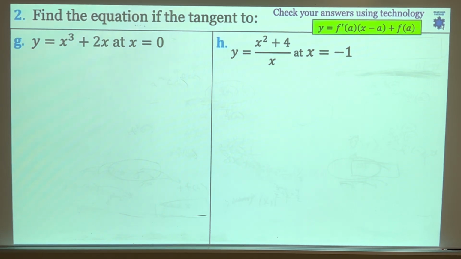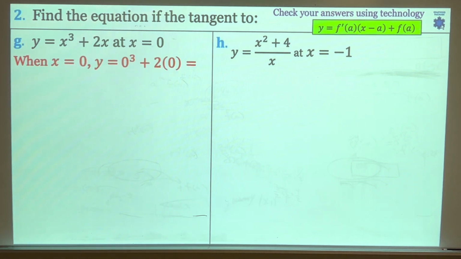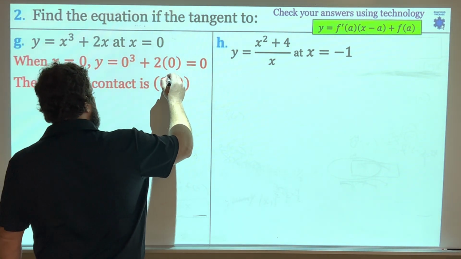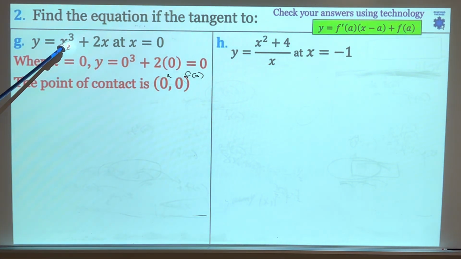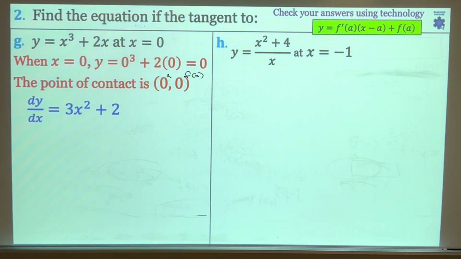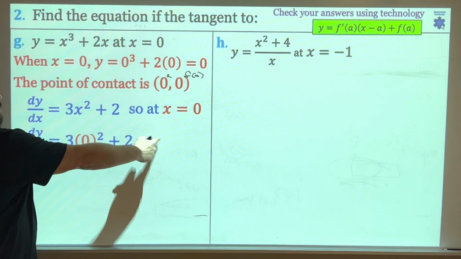When x equals 0, y equals 0 cubed plus 2 times 0, 0. Point of contact, therefore, is 0, 0. In this case, my a and my f of a are both 0. That's okay. Derive this, 3x squared plus 2 times 1, which is 2. F prime a, you plug in your 0. So at x equals 0, 3 times 0 squared, which is 0, plus 2 is 2.